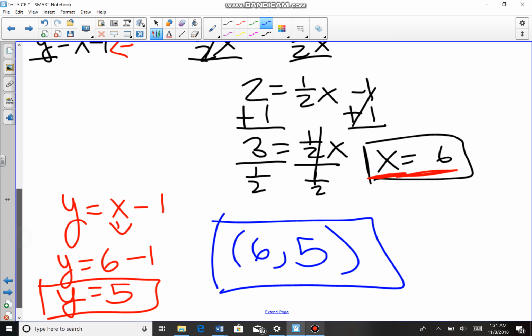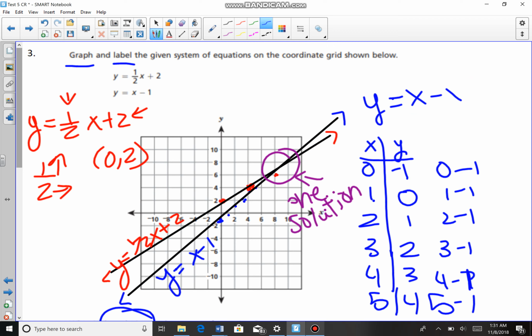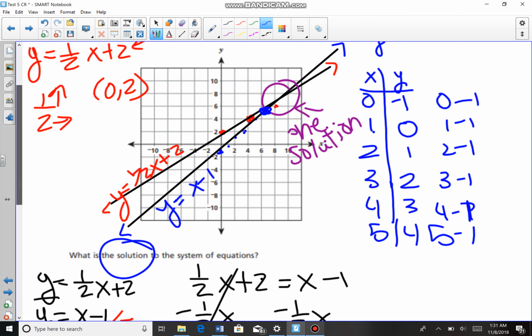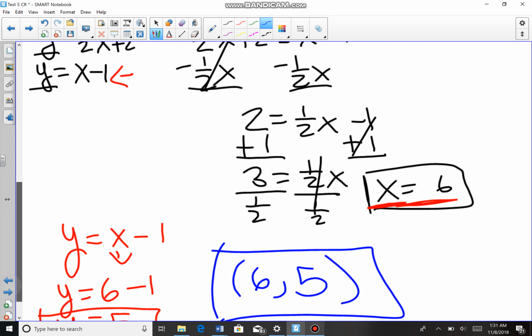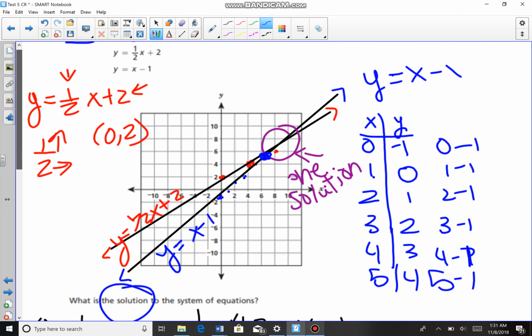That is the point of intersection. We want to go back up to our graph and make sure that we are somewhat accurate. Our lines are a little bit off, but (6, 5) would be somewhere around here. So we're slightly off, but that is the solution because we solved it mathematically, algebraically.